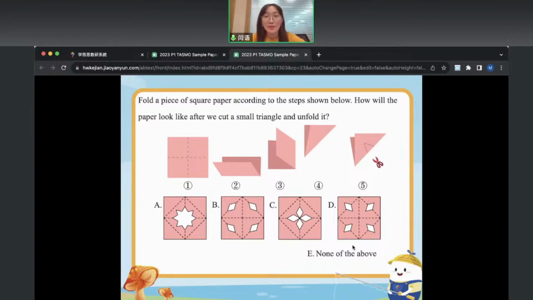It is a bit more challenging. Fold a piece of square paper according to the steps shown below.